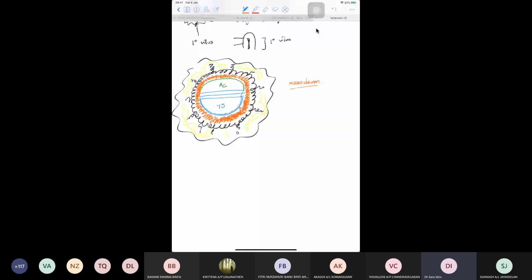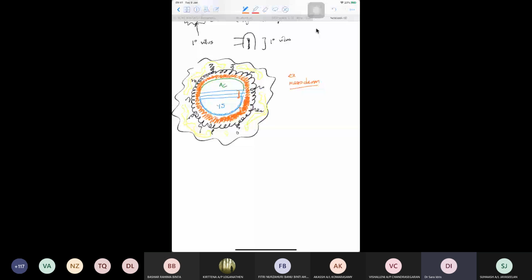Now, you don't confuse it with the mesoderm that is going to be produced by the disc itself, by the embryo itself. Because in here, you will also produce mesoderm, but that is known as intra-embryonic mesoderm. It's not part of this structure.